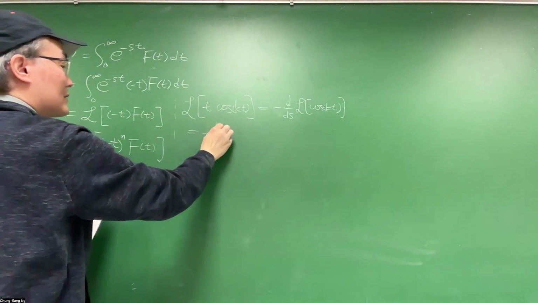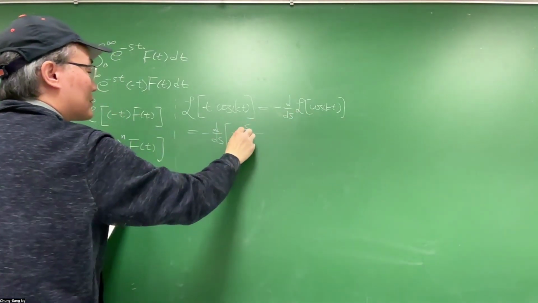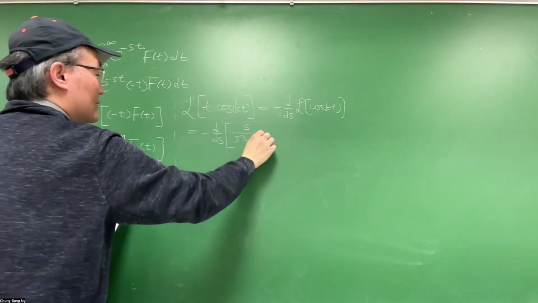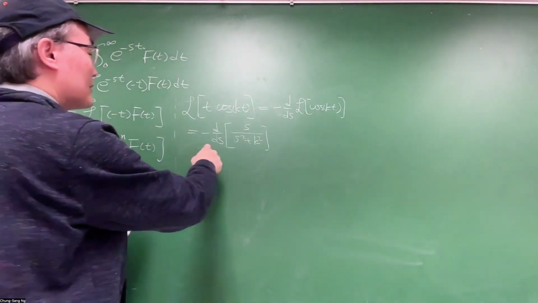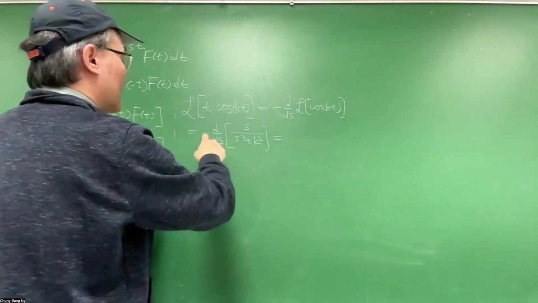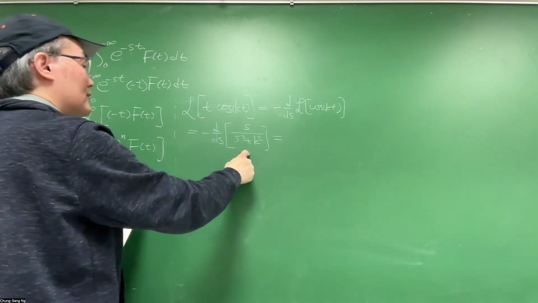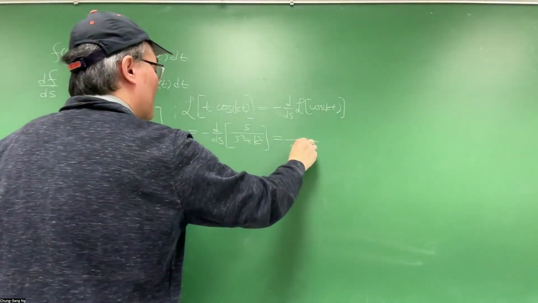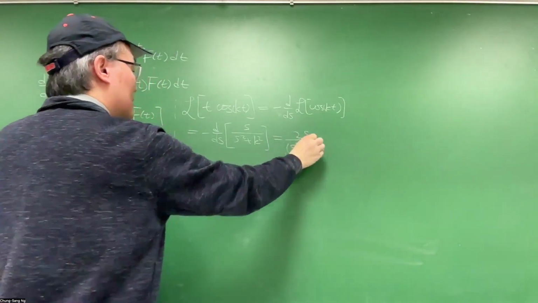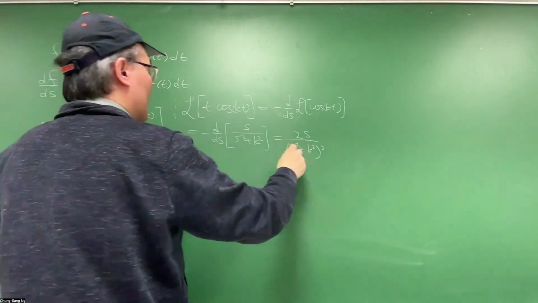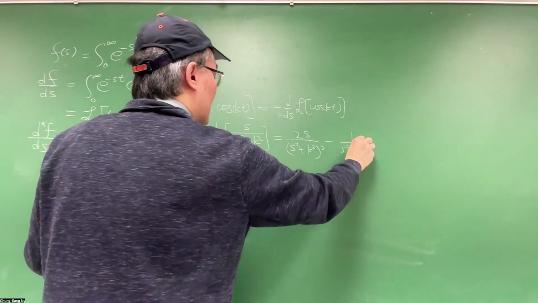That should be straightforward because we know that the transform of cosine is s over s squared plus k squared. So you just take derivatives. First, you take the derivative of the denominator, which gives you s squared plus k squared squared and 2s. And then the next one is 1 over s squared plus k squared.